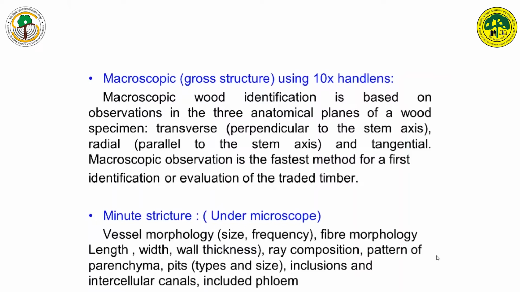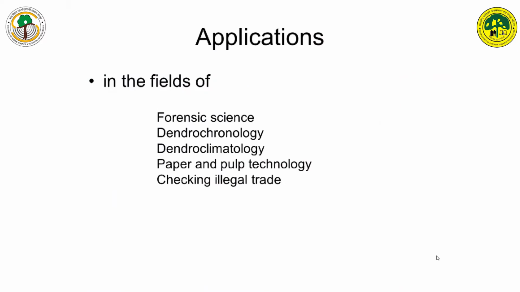Using all these characters, or a combination of these characters, will help in identifying the timber by its minute structure. The applications of timber identification are in the fields of forensic science, dendrochronology, dendroclimatology, paper and pulp technology, and checking the illegal trade.